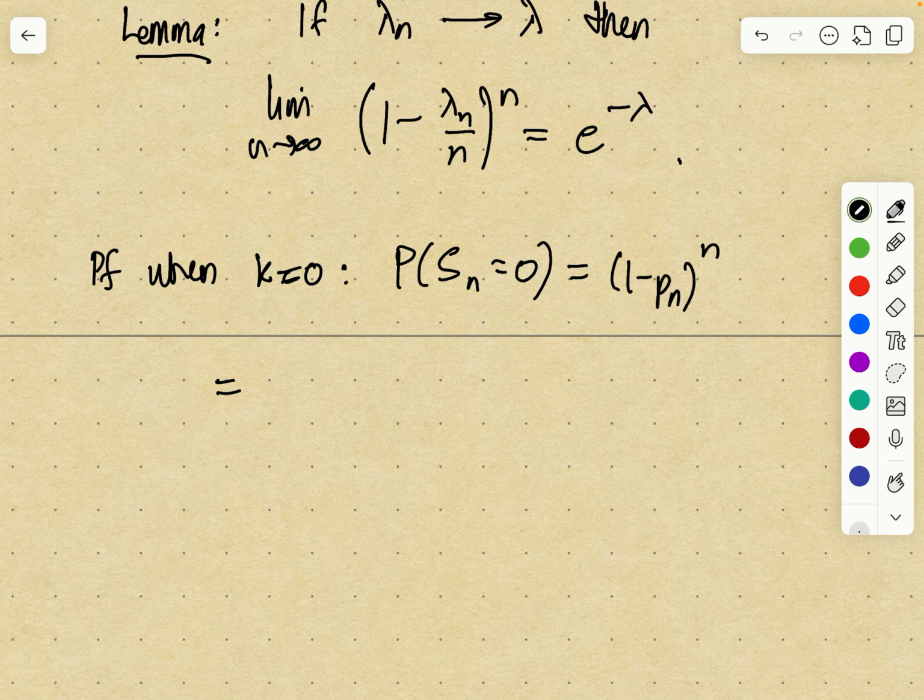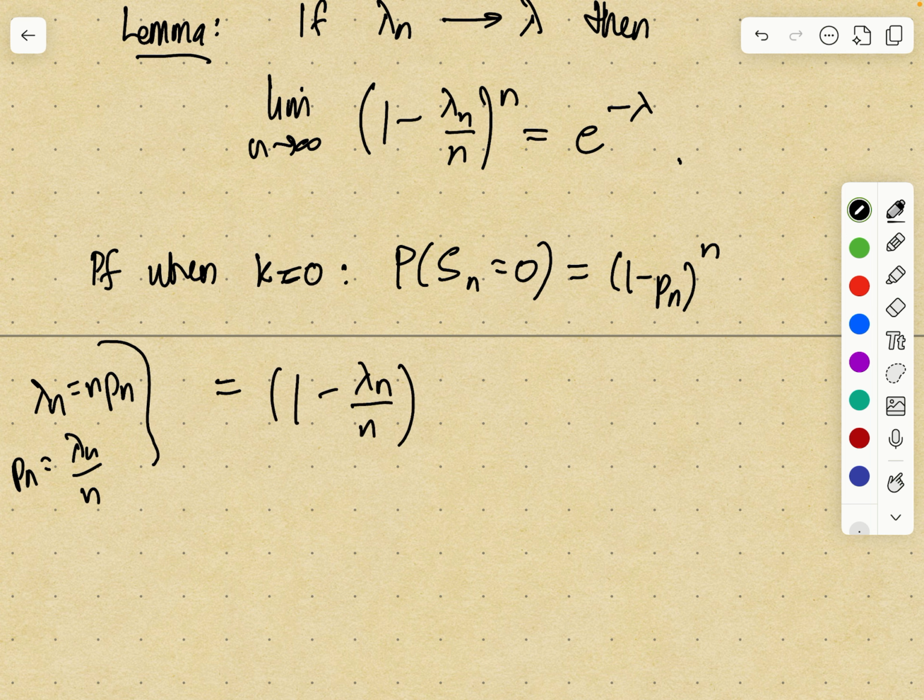So if lambda sub n is n times p sub n, then p sub n is equal to lambda sub n over n, right? So this probability is 1 minus lambda sub n over n to the n power, and we know that that approaches e to the minus lambda as n goes to infinity, which is exactly what you get with the Poisson distribution. So that's by the lemma, right? And that proves the statement for k equals 0.